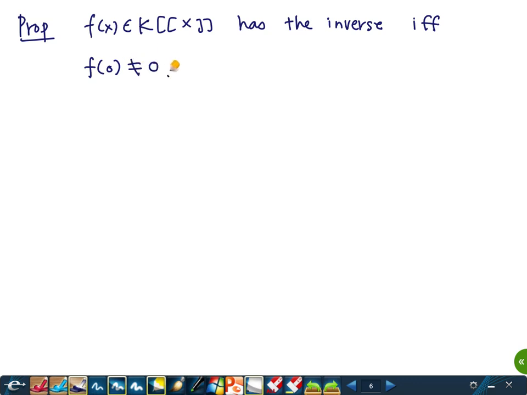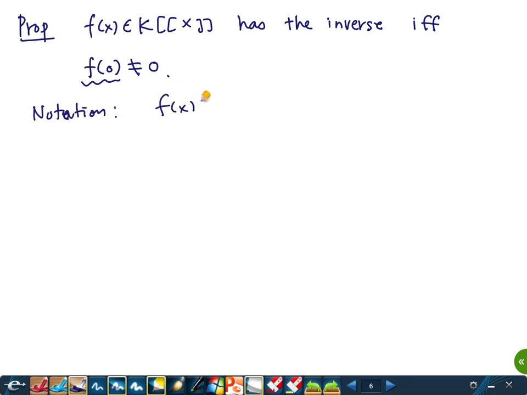F of x has an inverse if and only if, let's say this way, this is not 0. I didn't define this, but this is just notation.